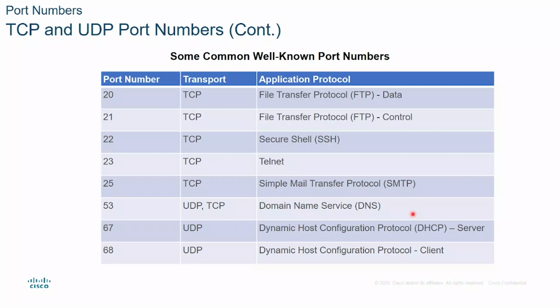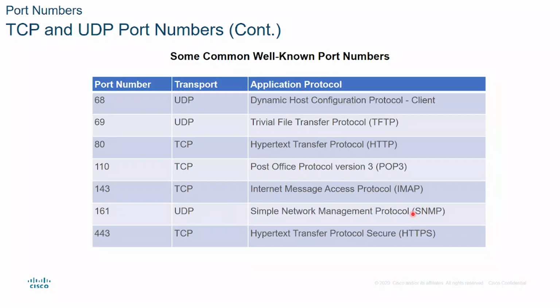We have 67 for DHCP servers, 68 for DHCP clients, 69 for Trivial FTP, 80 for HTTP, 110 for POP, which is Post Office Protocol version 3.